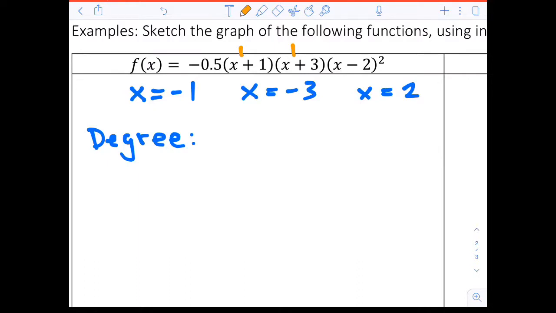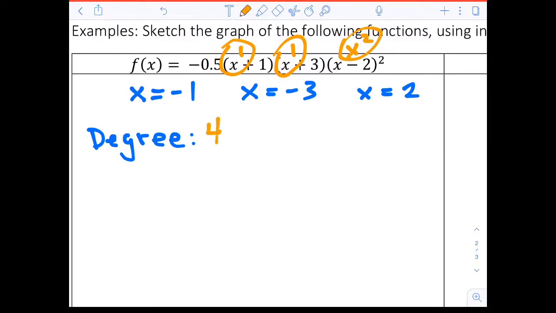If we expanded that out, the biggest exponent we'd have is x to the power of 2. So if I multiplied x1 times x1, I'll get x squared, and multiply that by x2, we're going to get x to the power of 4.